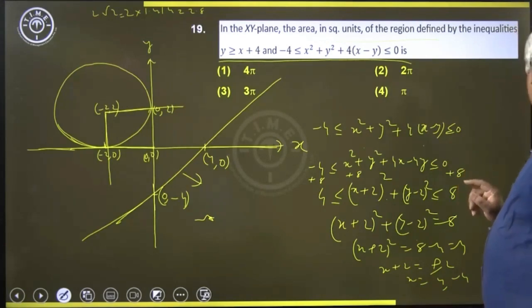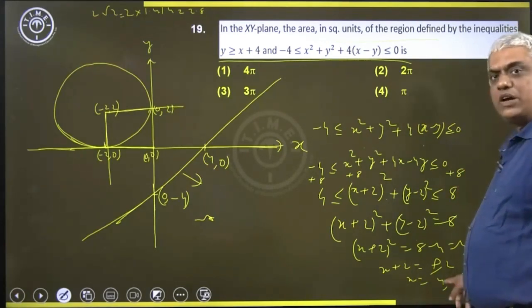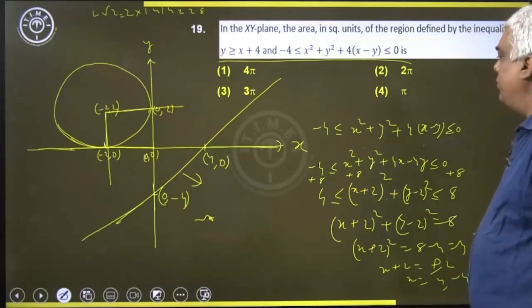Something is going wrong, I think. I checked, it's passing through (4, 0) and (-4, 0).